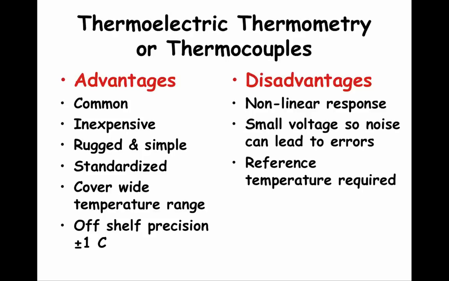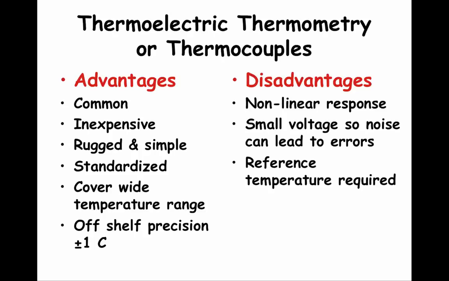The off-the-shelf precision is only plus or minus 1 degree Celsius, but they can be calibrated to greater precision. Thermocouples do have some disadvantages that need to be managed. In many cases, the disadvantages can be managed fairly easily, hence thermocouples are common devices.